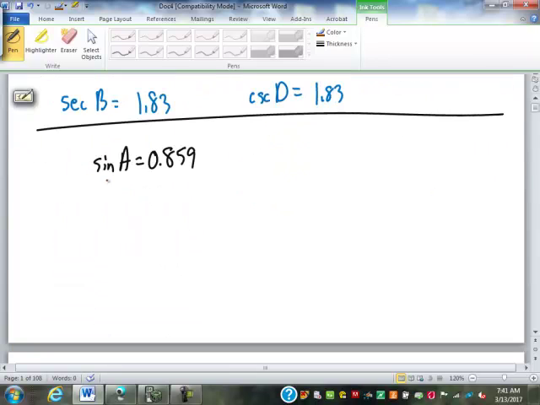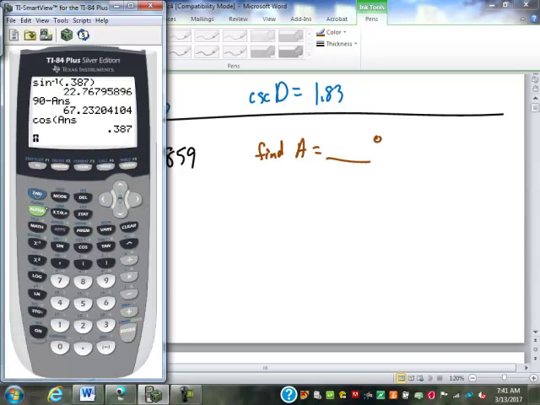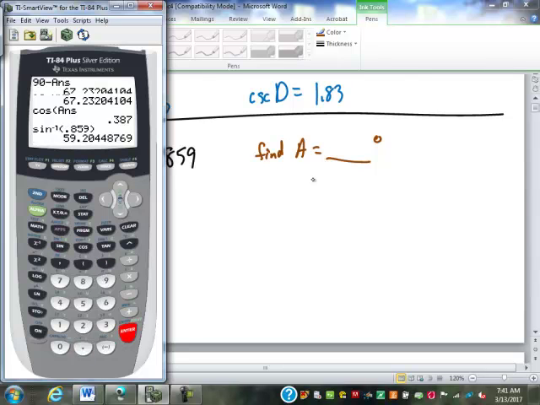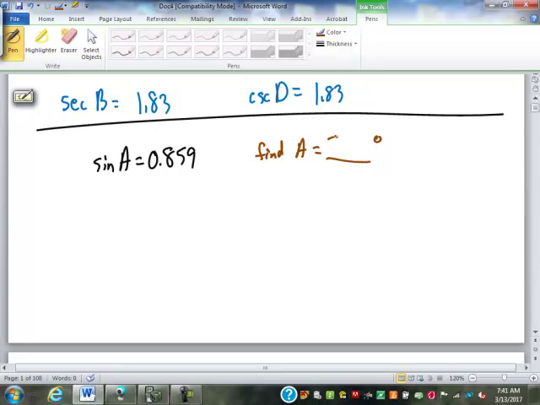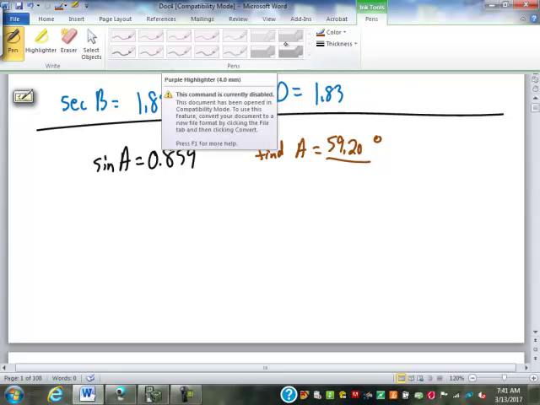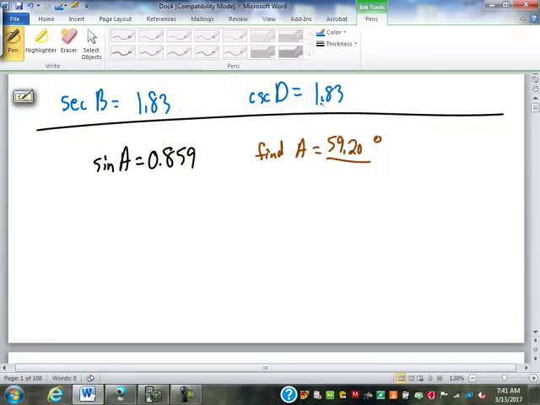So if I tell you that sine of A is 0.859, how do I find angle A? Yeah, second sine 0.859. So 59.20 degrees. Now remember, there are some other notations we saw. That is sine inverse.